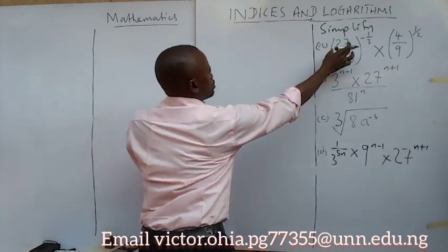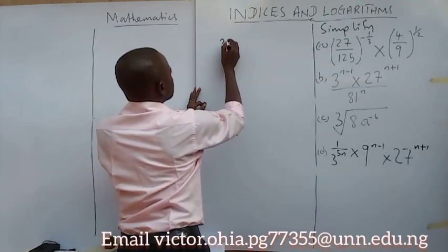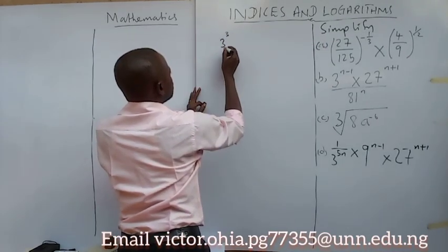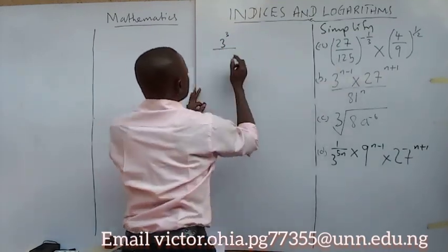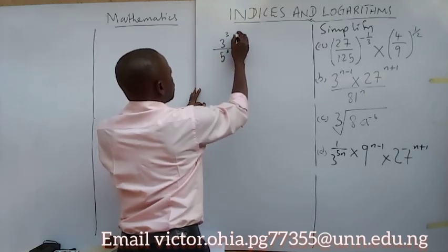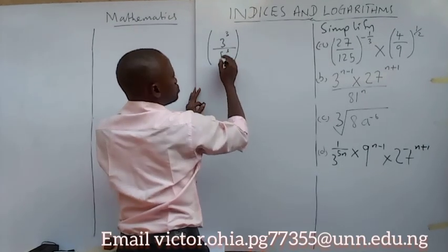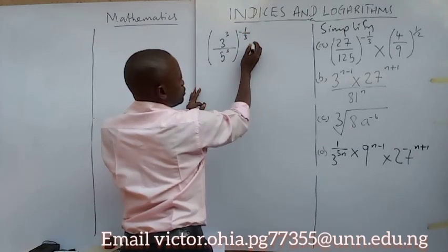And when I do that, of course, 27 is the same thing as 3 raised to power 3, okay? And 125 is the same thing as 5 raised to power 3. They are all raised to power minus 1 over 3.